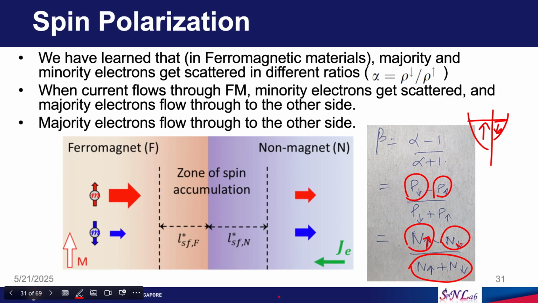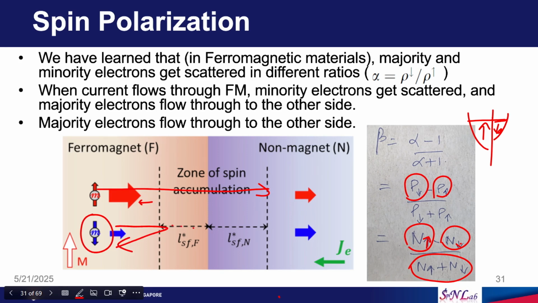So, what it means is that if you send electrons, the majority of the spin up electrons will go through, and a fraction of the spin up also will bounce back. But out of the several spin down electrons that you send, many of them will return back, and only a few may go through.